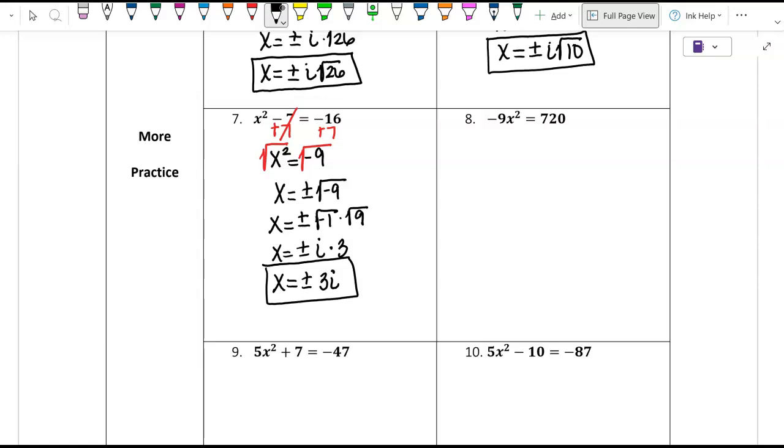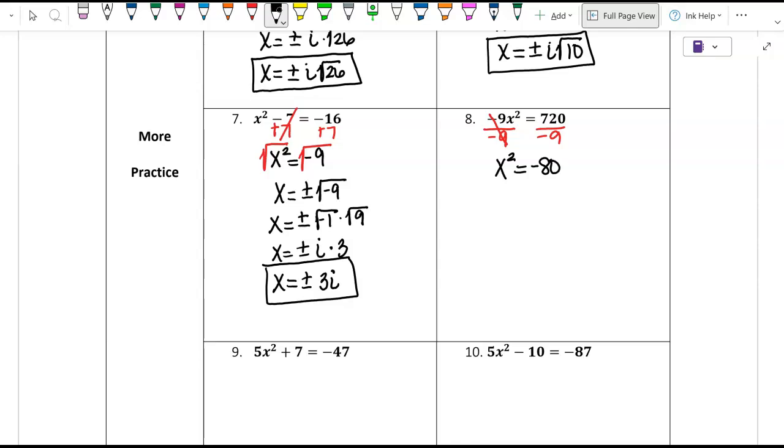Number 8, negative 9x squared equals 720. So here I need to divide both sides by negative 9. So I get x squared equals, what is 720 divided by negative 9? Negative 80.